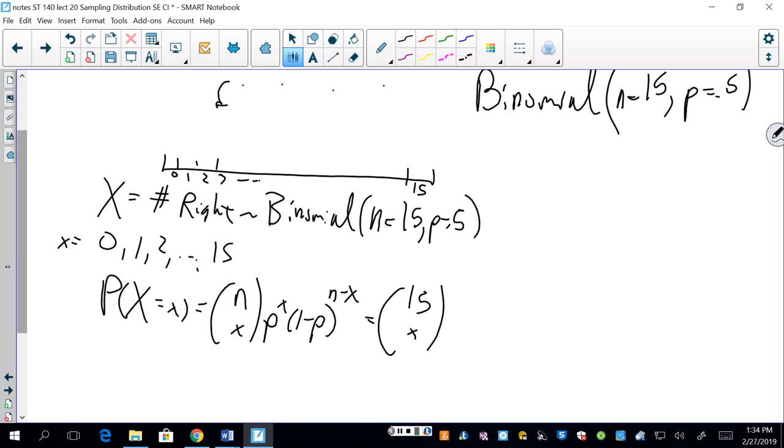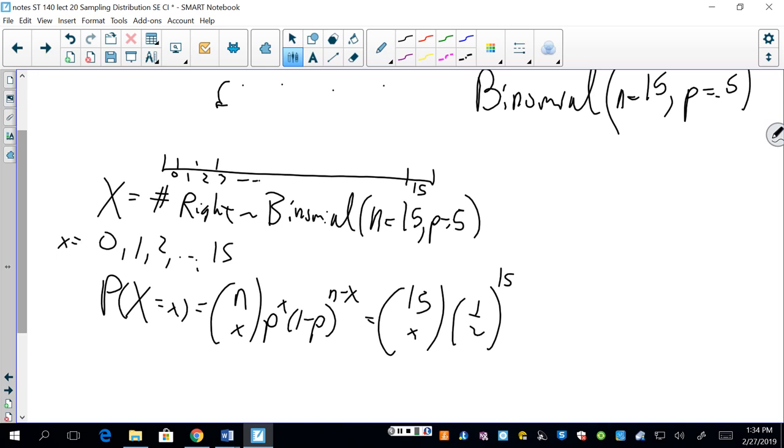And if both p and 1 minus p are 1/2, it simplifies: 1/2 to the x times 1/2 to the 15 minus x, you can add those exponents, and it just becomes 1/2 to the 15th. So those are the probabilities that it ends up in each of these 16 different spots, 0 to 15.